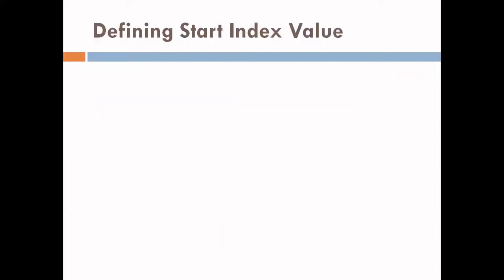Now, defining the starting index value. By default in PHP, the starting index number is 0. But if you want to specify a starting index value, you can do that in PHP, but the same thing is not possible in C or C++.